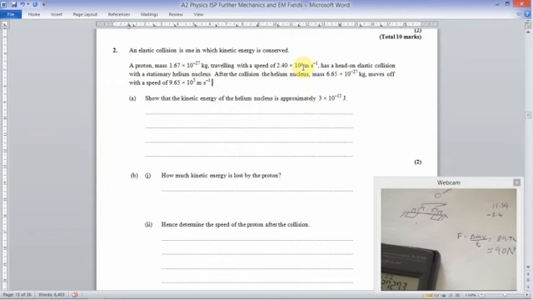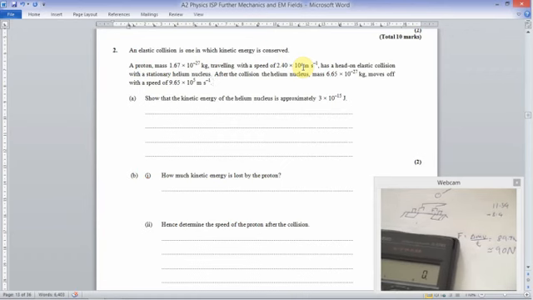After the collision, the helium nucleus, which has a mass of 6.65 times 10 to the minus 27, moves off with a speed of 9.65 times 10 to the 5 meters per second. Show that the kinetic energy of the helium nucleus is 3 times 10 to the minus 15. So kinetic energy is half mv squared, and thereafter the kinetic energy of the helium nucleus.